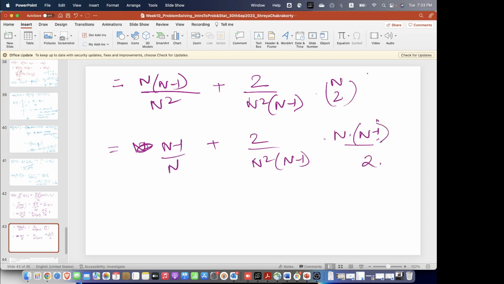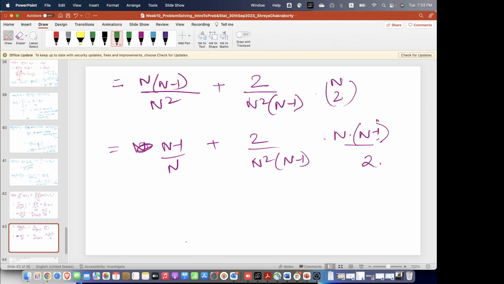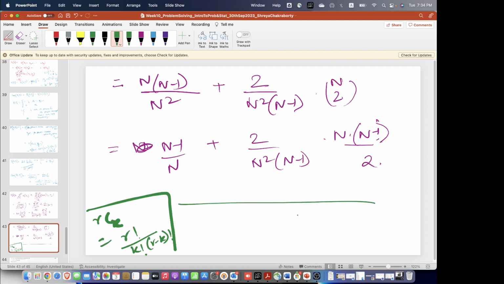So the actual formula is nCk is n factorial by k factorial into n minus k factorial. So for 2 this one is holding if we have nC2. If we have nC3, then this formula would have been totally a mistake. That would have been n into n minus 1 into n minus 2. If we have something called 5 factorial, it means 5 into 4 into 3 into 2 into 1.